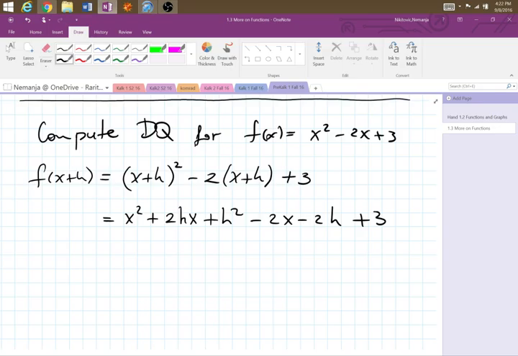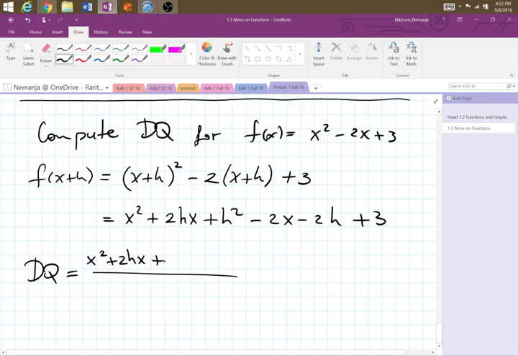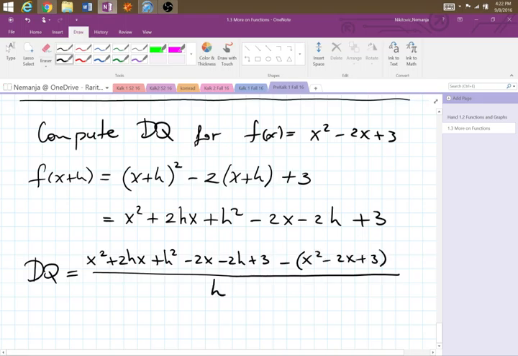We're done. So let's see what the difference quotient is. Copy the entire thing because that is your f of x plus h, and now minus the original f of x, which is x squared minus 2x plus 3, divided by h.